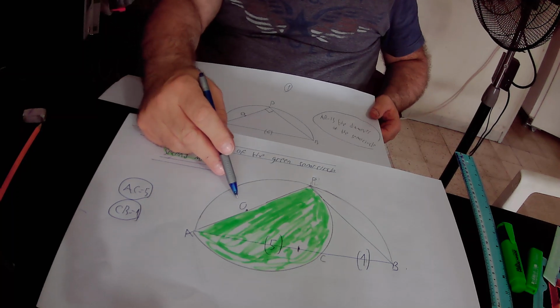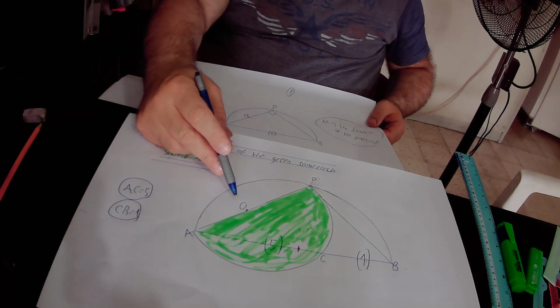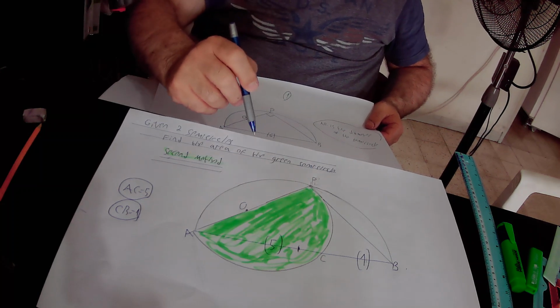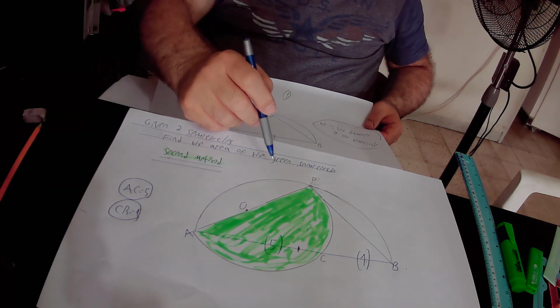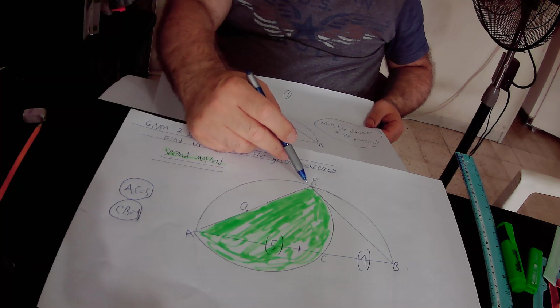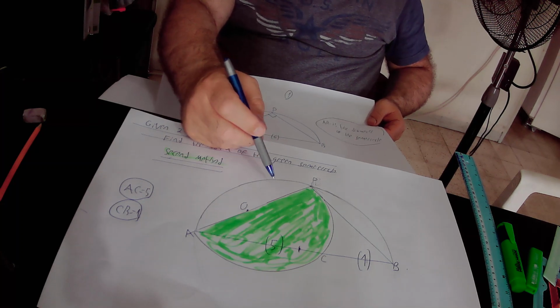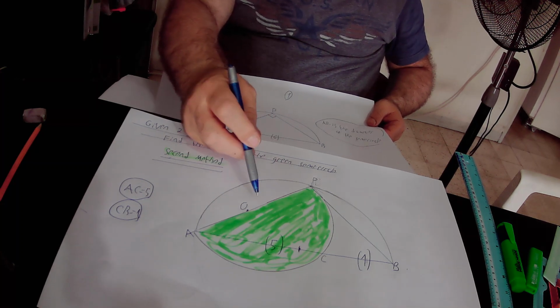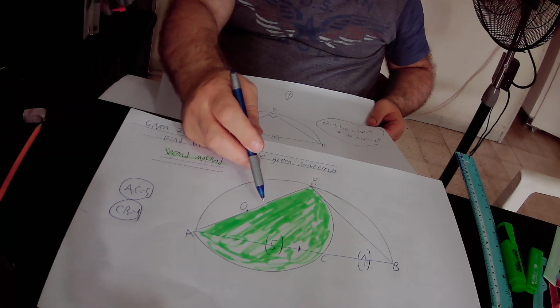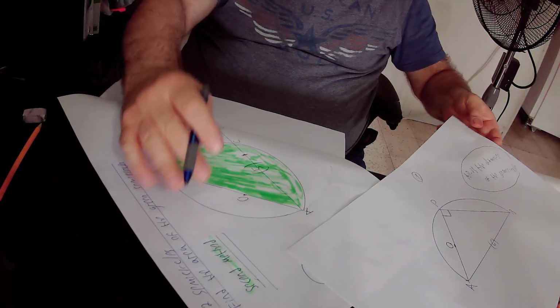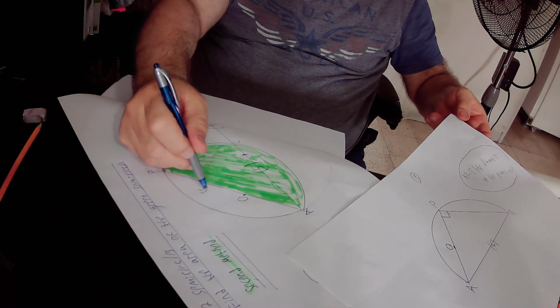Because point O is the center of the green semicircle, and point P is a point on the semicircle itself, it means that PO is the radius of this semicircle. So we define the radius of this green semicircle as R, therefore PO equals R.